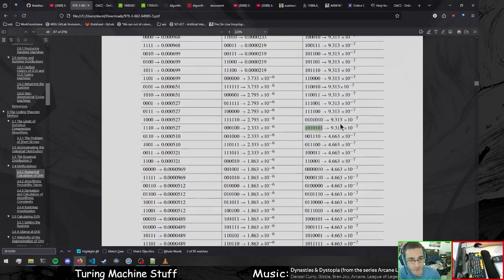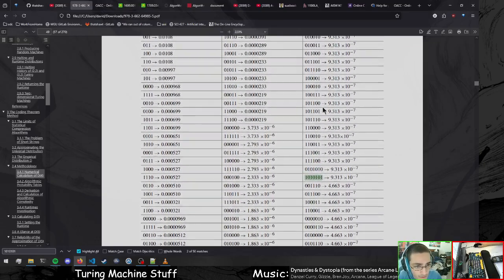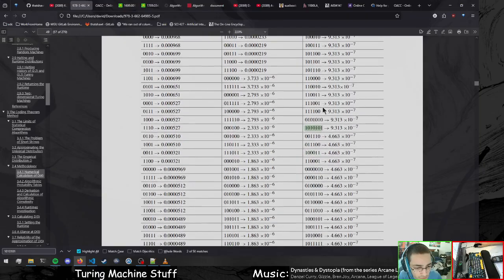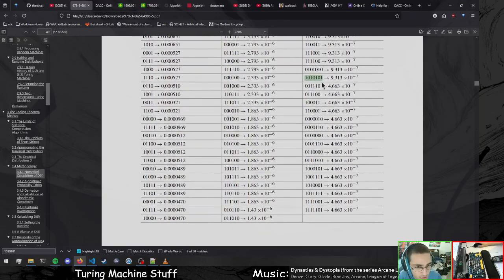So here they have 14. So we counted 14 length 7 strings, right? Got 1, 2, 3, 4, 5, 6, 7, 8, 9, 10, 11, 12, 13, 14.